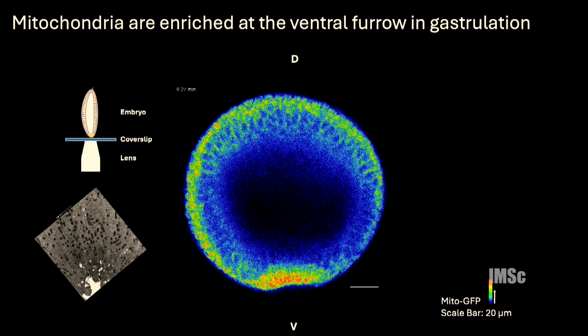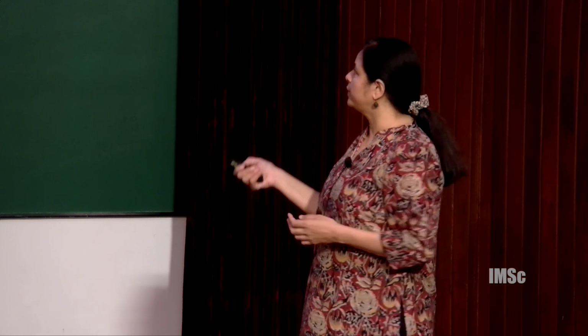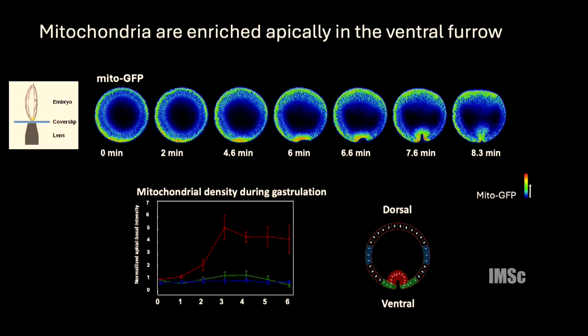And one of the projects which we've taken up in a major way is to try and understand what is the function of mitochondria in these particular places where the constriction is taking place. So I'm only going to show you that there is a change in distribution to allude to the point that we do not know all the controls which give rise to this apical constriction on the ventral side mediated by twist and snail even now. And it's of interest to try and look at various different aspects of the cellular dynamics in gastrulation, all right?